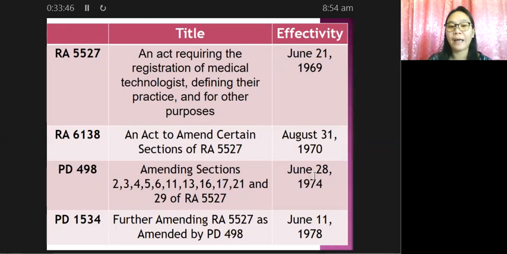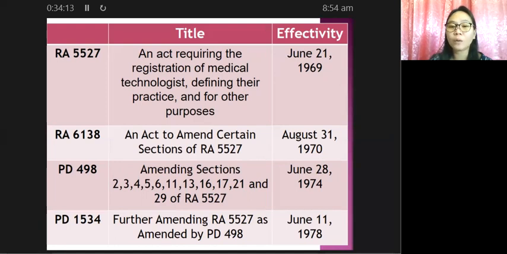It was enacted on June 28, 1974. Lastly, we have Presidential Decree 1534, which further amended RA 5527 as amended by the previous acts and PD 498. Its enactment was on June 11, 1978.